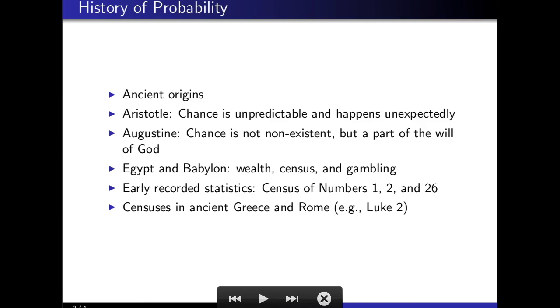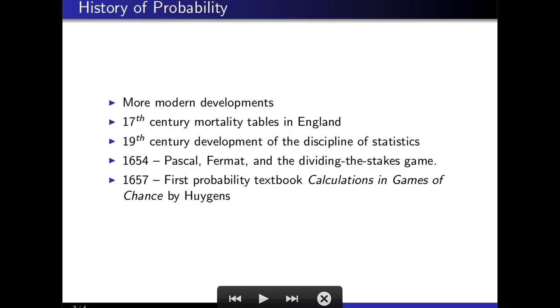And then, just as another point on censuses, we see censuses showing up all throughout the ancient world. So we see them showing up in ancient Greece, and then also, very famously, we see them in Rome. One example of that is the census that Luke makes note of in Luke 2. And then we can talk about some of the more modern developments in statistics.